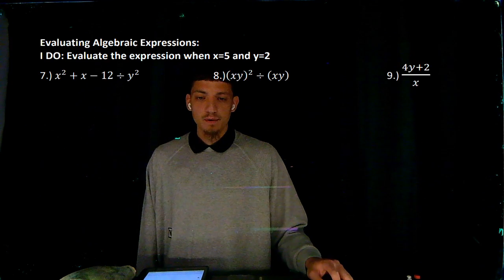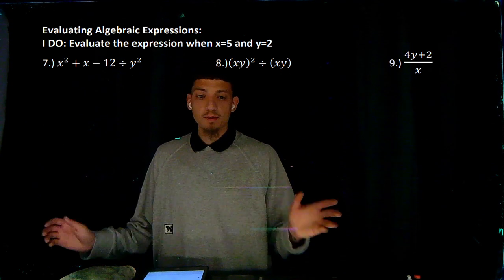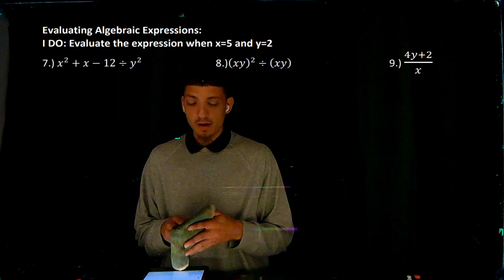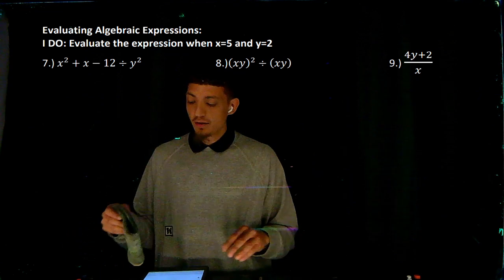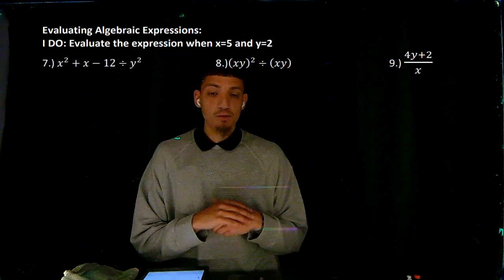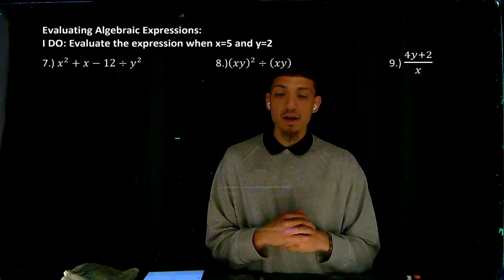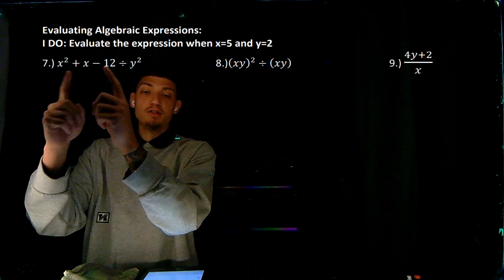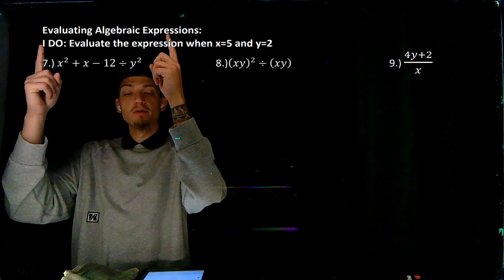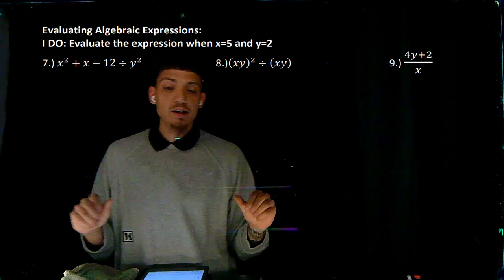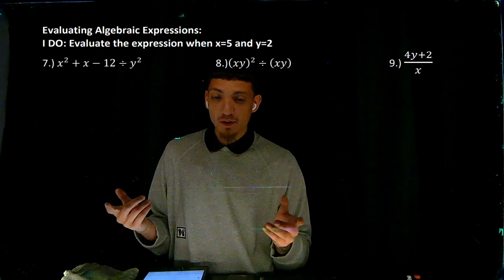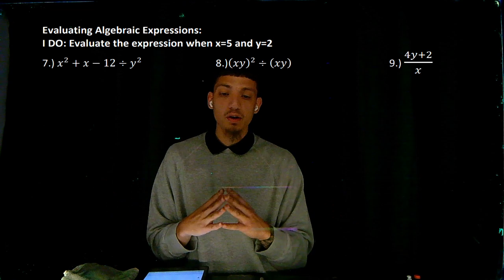All right. Number 7, 8, and 9. So now we're evaluating expressions. It is no different than what we were doing before with the order of operations. It's very similar. We still have to follow our rules of PEMDAS. It's just that we have algebraic expressions now rather than numerical expressions. In the front side of the paper, we simplified numerical expressions to one numerical value.